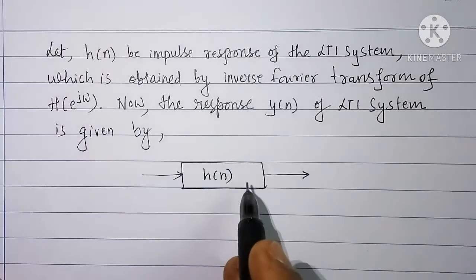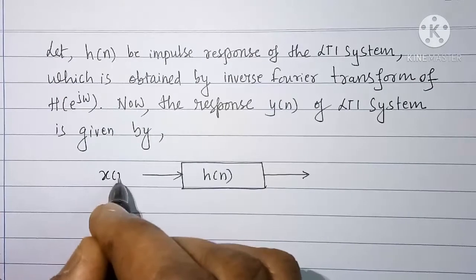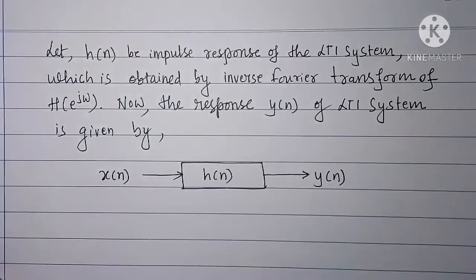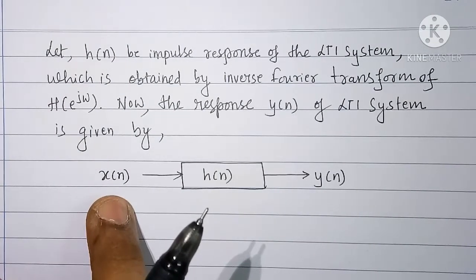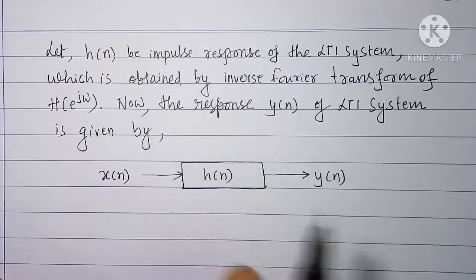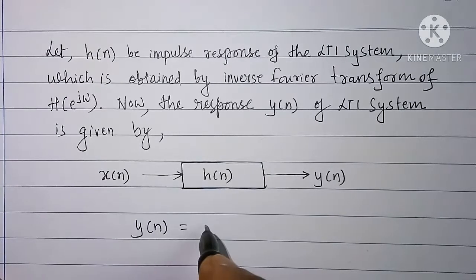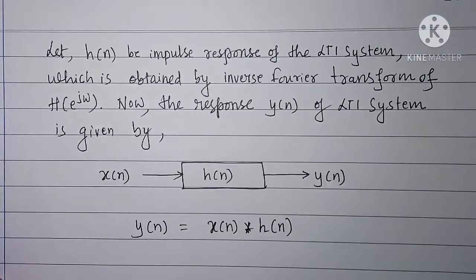The impulse response of the LTI system is h of n, input is x of n and output is y of n. y of n is obtained by convolving x of n with h of n. That is, y of n is equal to x of n convolved with h of n.